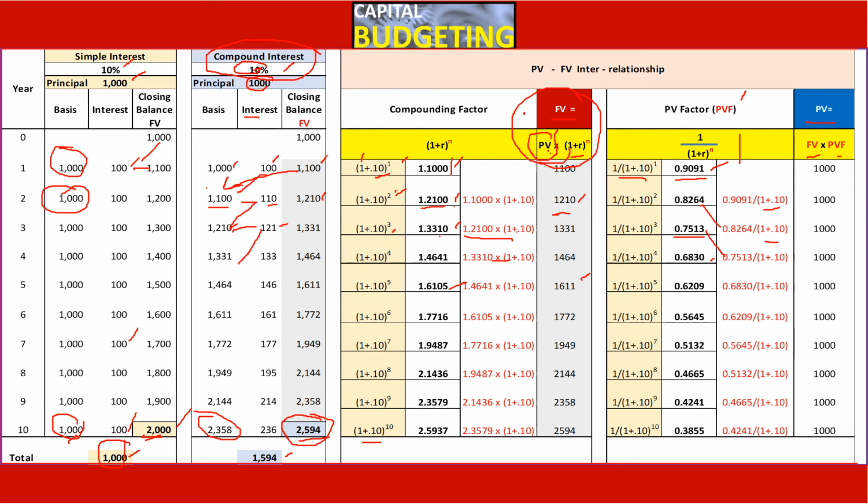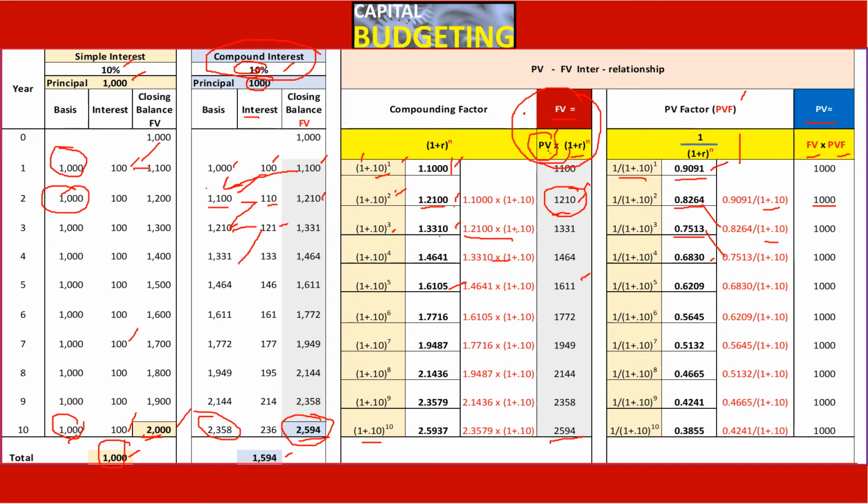What is future value? Future value in respect of the second year is 1210. What is its current value? 1210 into 0.8264 leads to 1000. Or after 10 years you are going to get 2594.